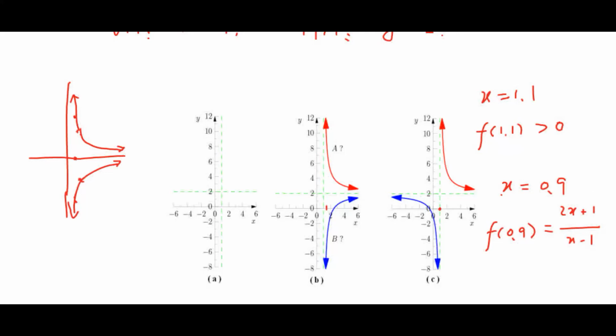So when x equals 0.9, we find that the denominator is negative and the numerator 2x plus 1 is positive. So the function value is negative, right? So we know that when x is here, the function value is negative. So we know the graph should be this part, this way. Okay?